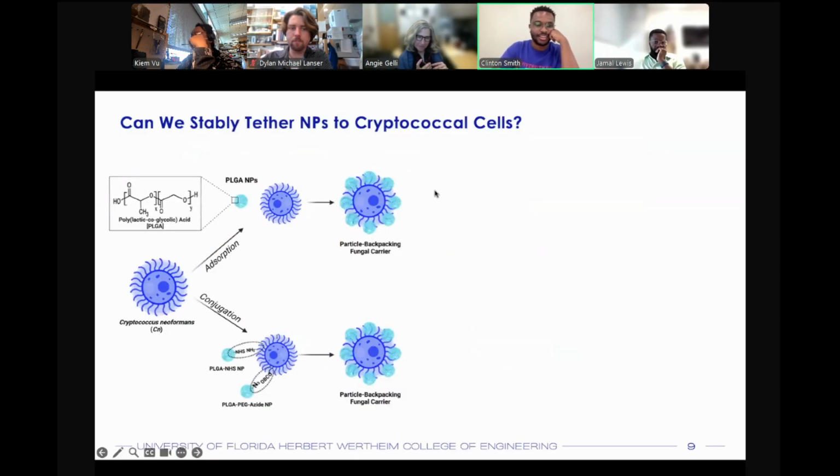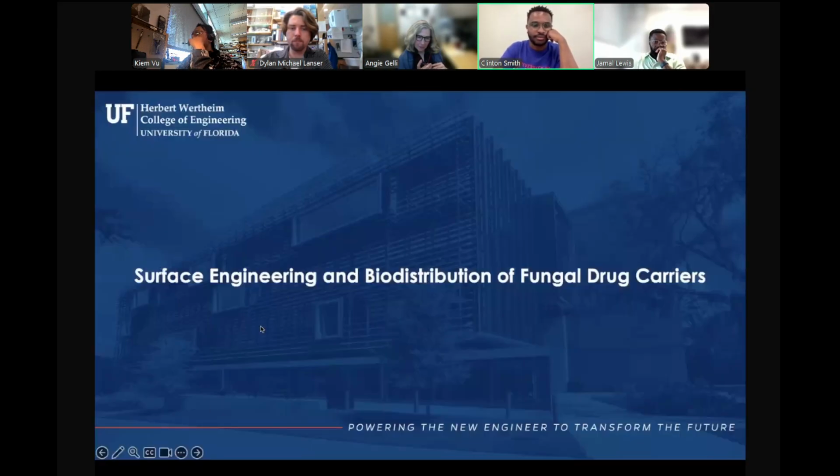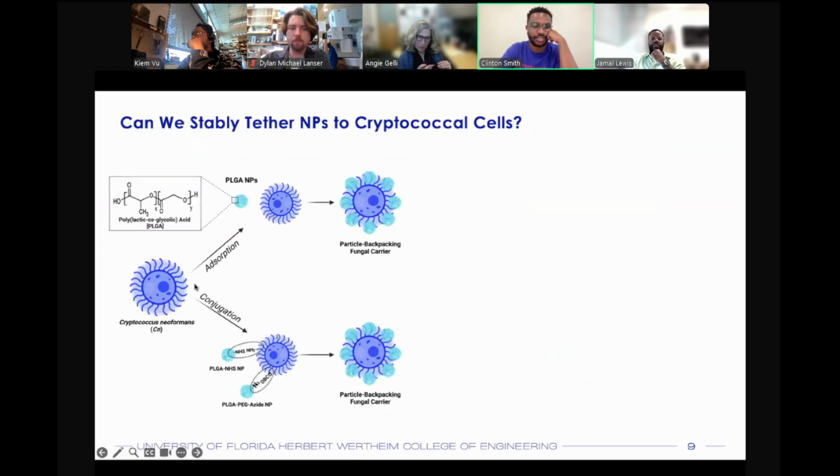So what I've been working on for the past 2.5 years or so is this attachment process. I looked at using PLGA, polylactic co-glycolic acid, a super common biomaterial that is clinically used in a lot of different products, in particular biodegradable sutures. In terms of drug delivery, it's very advantageous because it's very tunable.